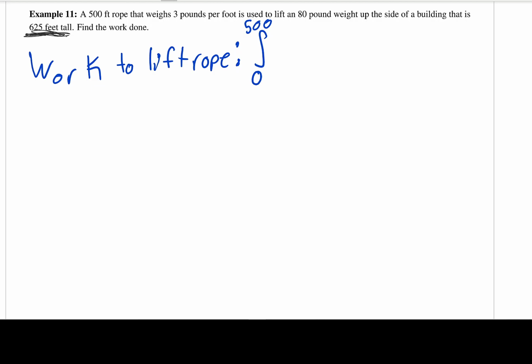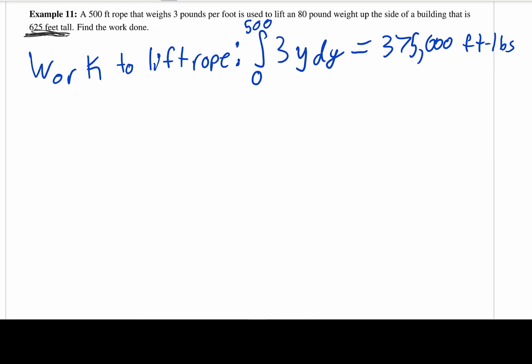And then we'll have our weight per unit, which is 3 pounds per foot, times y, wherever we're taking that slice out of, dy. And so this will be equal to 375,000 foot-pounds.